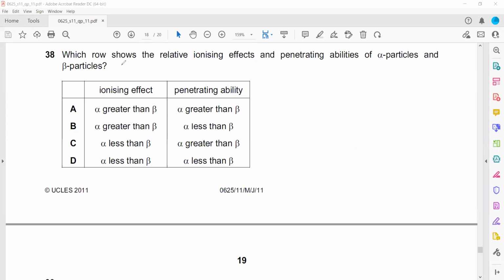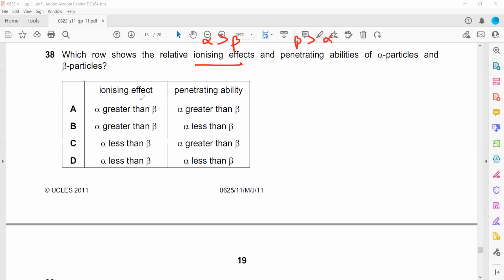In question 38, which row shows the relative ionizing effect and penetrating ability of alpha particles and beta particles? The ionizing effect of alpha will be the highest. If we are comparing, the ionizing effect of alpha will be more than beta, but for the penetrating effect, the distance traveled before these radiations stop, beta can travel more distance than alpha.